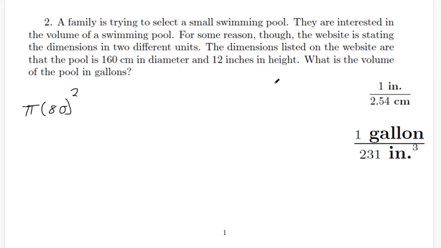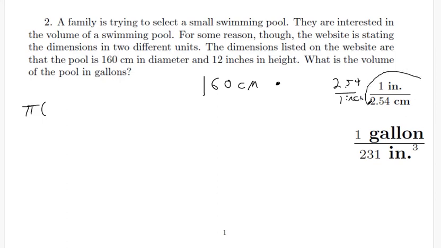But if we're going to use the same conversion factor we used in question 1, we want things in terms of inches. So instead of 160 centimeters, let's convert that to inches. I'll multiply it by this conversion factor. You can say 1 inch is 2.54 centimeters, or it's perfectly fine to say 2.54 centimeters is 1 inch, right? So which one do we want?